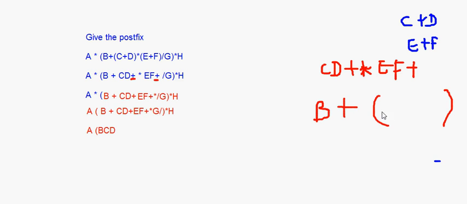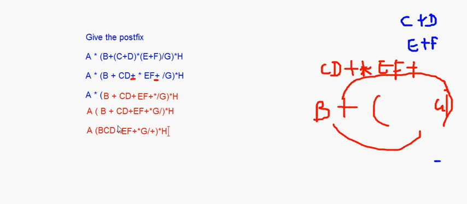CD plus EF plus up to this G and then division. So these are two expressions which have to be added. So this plus sign will come at the last. Okay, so here it will be BCD plus EF plus into G divided by and then plus. Got it? And then you have into H, right?